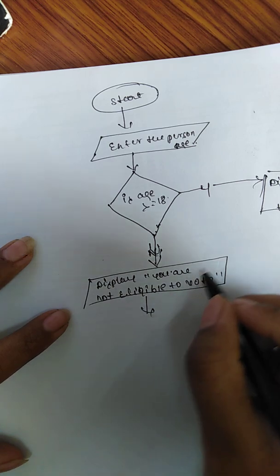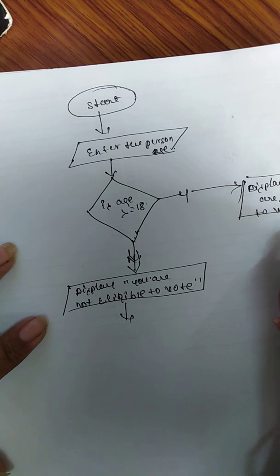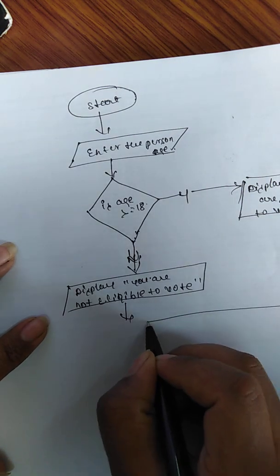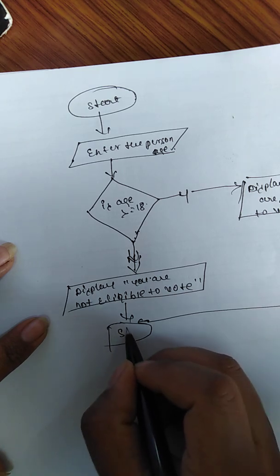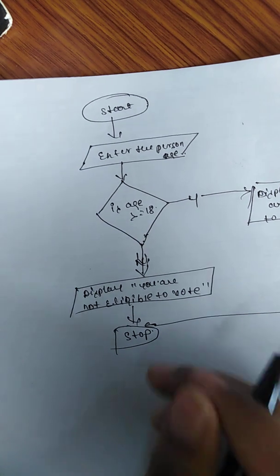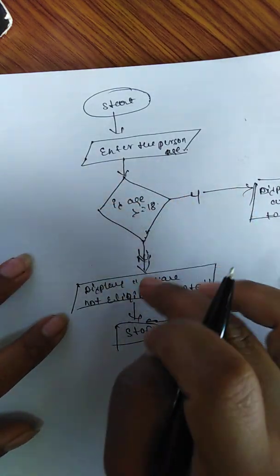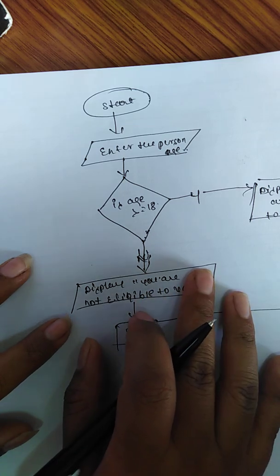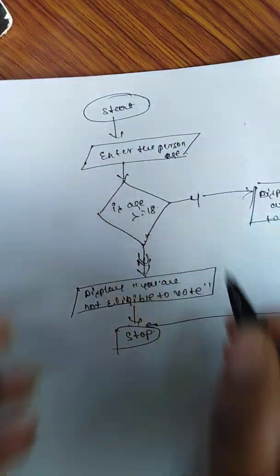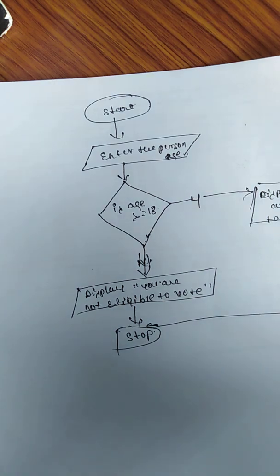Then we check it now. The program can either stop directly here or quit, or print the output here. Otherwise, if this condition is false, one more condition is checked to see whether they are eligible or not.